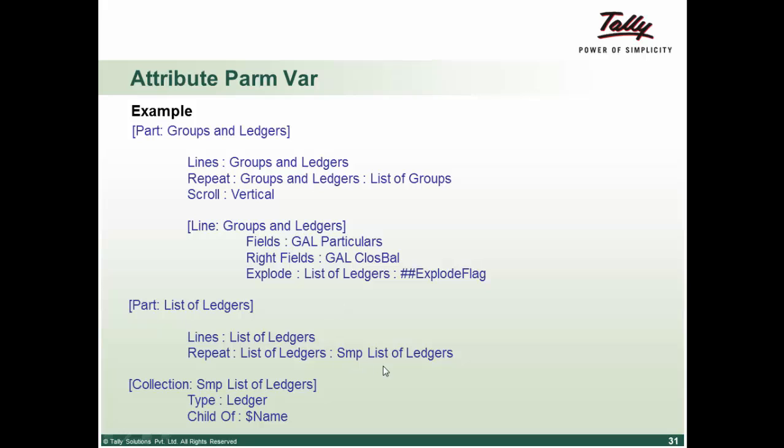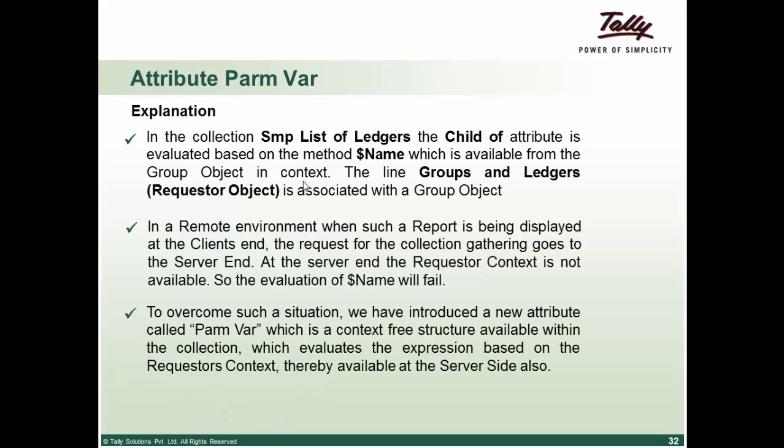Then in this line we have an exploded part which repeats on ledgers, type ledger, child of $name. Now this $name refers to the list of groups, and my collection requester object is this group, because that's my parent line. What happens in the general scenario?